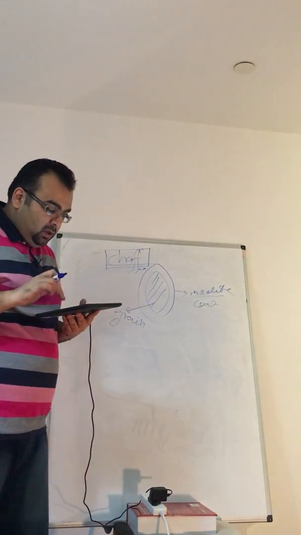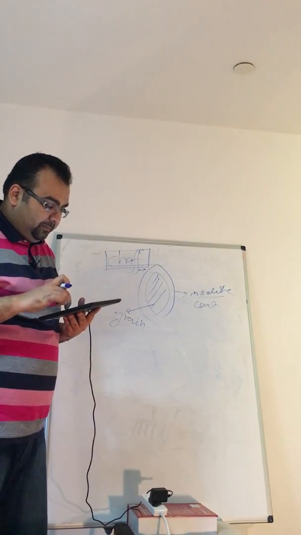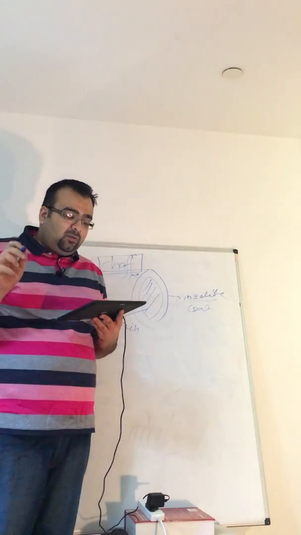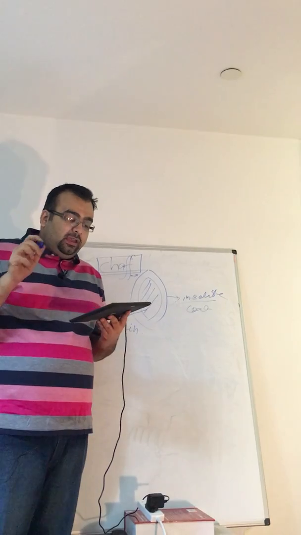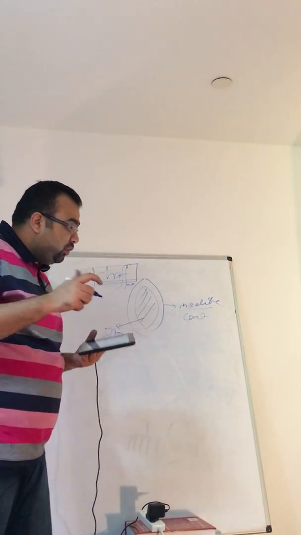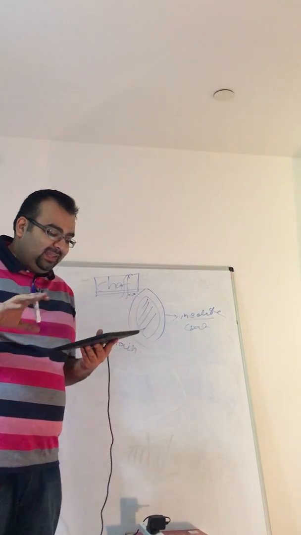Okay. So the process by which, in a harvested crop, we separate the grain from the chaff is called threshing.